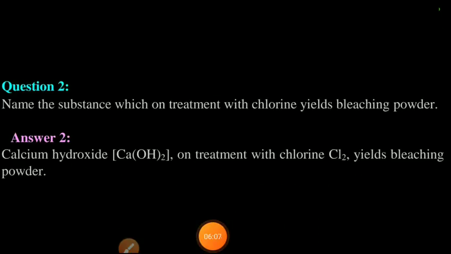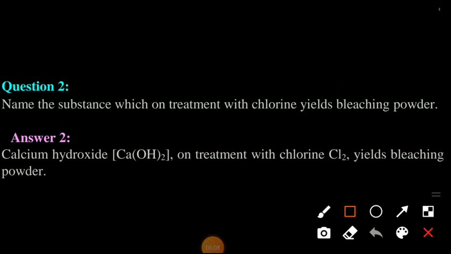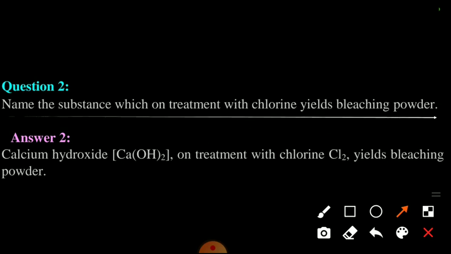Now question number 2 is: name the substance which on treatment with chlorine yields bleaching powder. Here we know that chlorine gas is produced during the electrolysis of aqueous sodium chloride (brine). Then this chlorine gas is used for manufacture of bleaching powder. Bleaching powder is produced by the action of chlorine on dry slaked lime, that formula is Ca(OH)2.